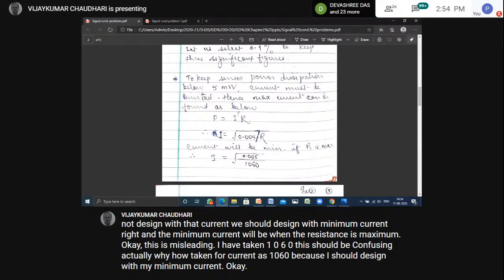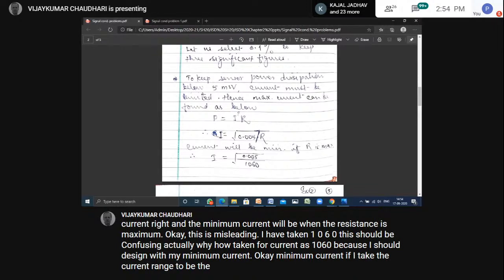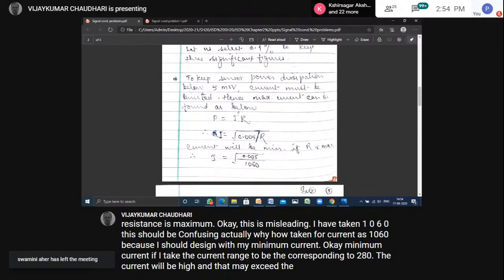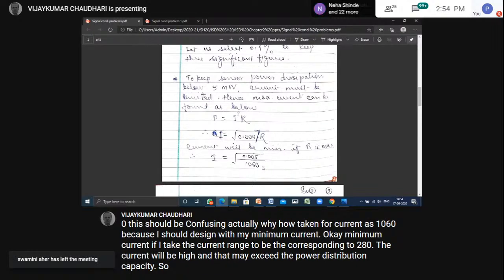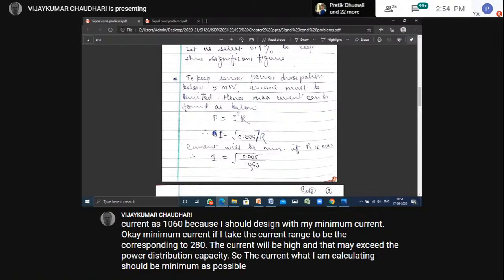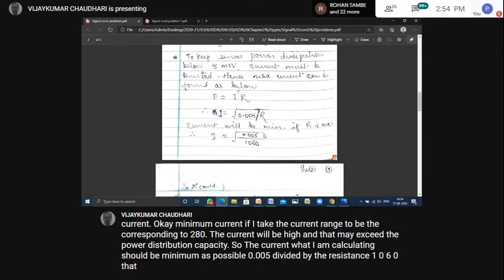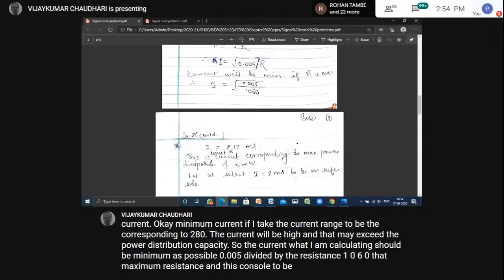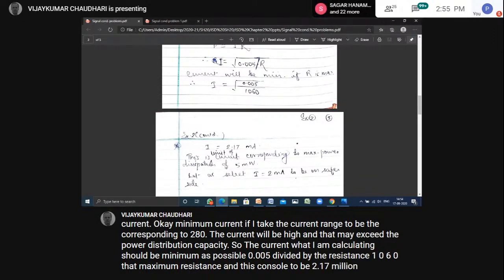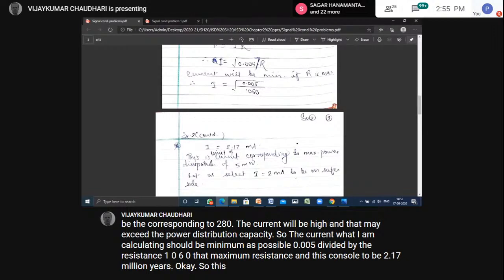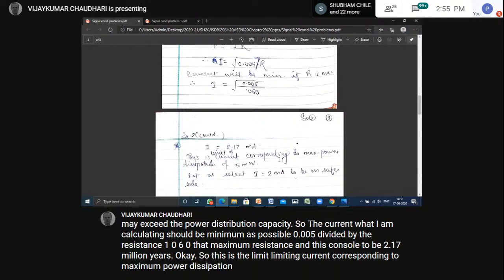If I take the current corresponding to 280, the current will be high and may exceed the power dissipation capacity. So the current I calculate should be as minimum as possible: 0.005 divided by the maximum resistance 1060 comes out to 2.17 milliamperes. This is the limiting current corresponding to the maximum power dissipation of 5 milliwatts.